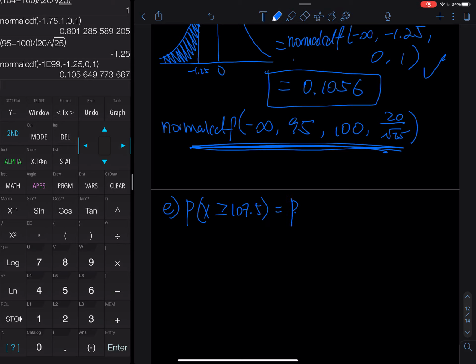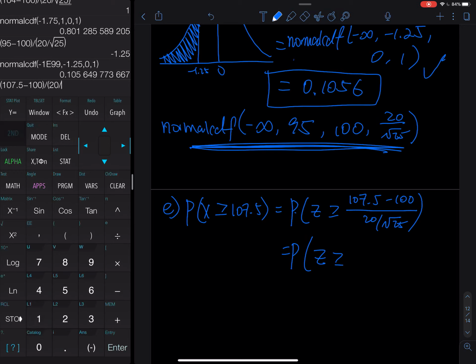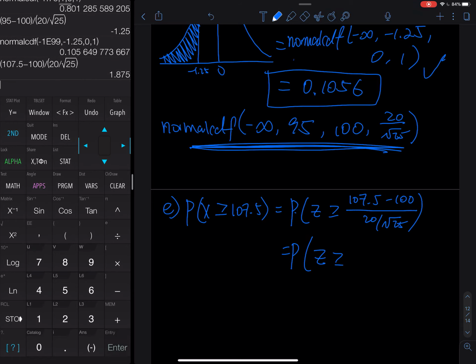And then this is a Z greater than or equal to 107.5 minus the mean divided by sigma over square root of n. 107.5 minus 100 divided by 20 over the square root of 25, 1.875. Okay.